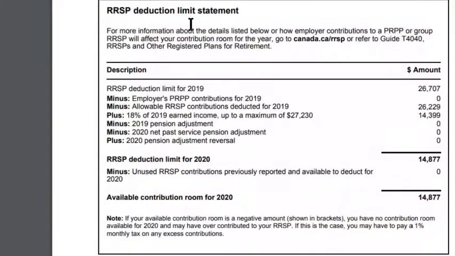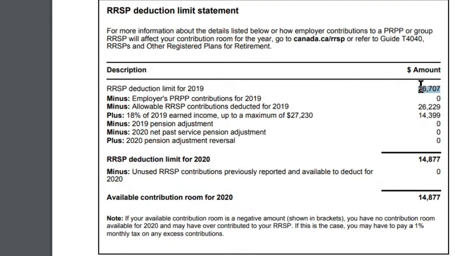So here's an example of an RSP deduction limit statement. This comes straight out of a notice of assessment following 2019 income tax filing. It's from a client. And the table starts with the 2019 limit, and there's amounts that are added and subtracted in order to determine the deduction limit of 2020, and finally the contribution room for 2020.